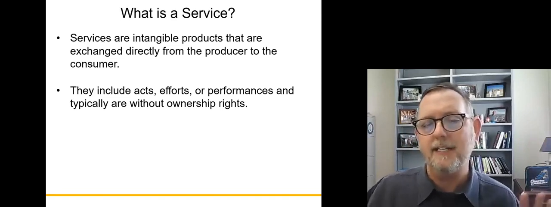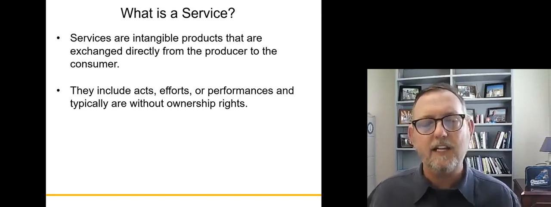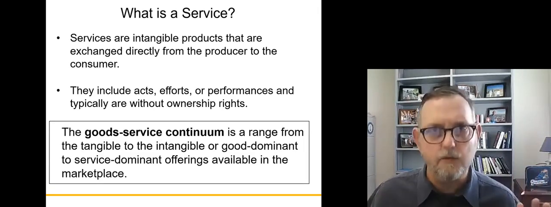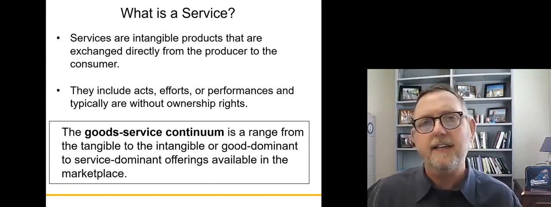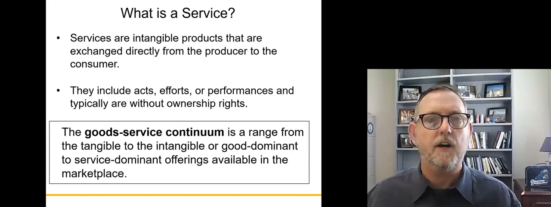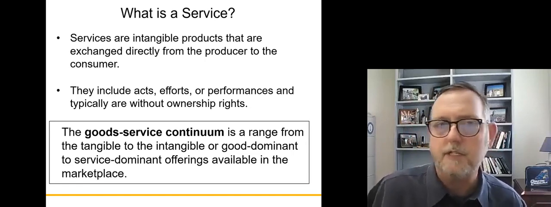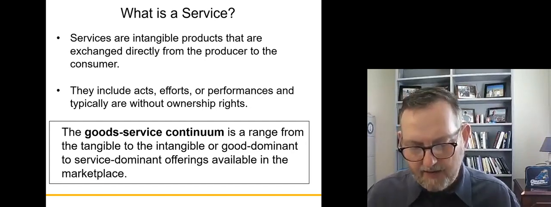Another way we can think about this, going back to this idea of having multiple dimensions in a product, is what's called a goods service continuum. This idea that products actually can have bits of tangible elements and bits of service all together in them.